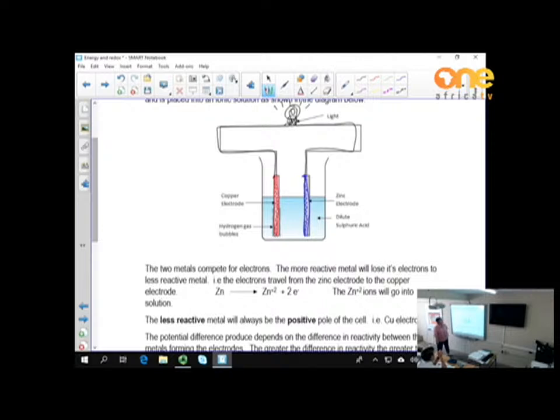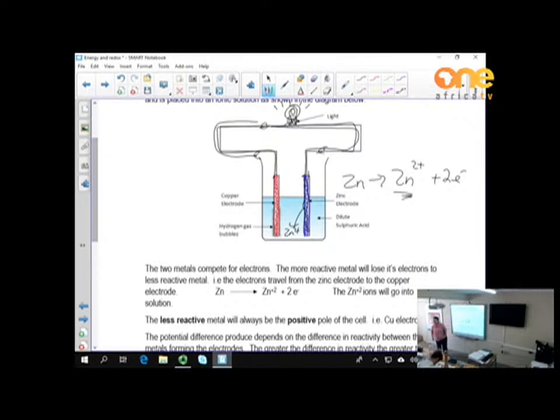Now what happens is, because these two electrodes fight over the electrons, the zinc electrode tends to lose its electrons. So the electrons go moving through the circuit. But the moment I have a zinc ion, it goes into solution. So what's going to happen to the zinc rod?